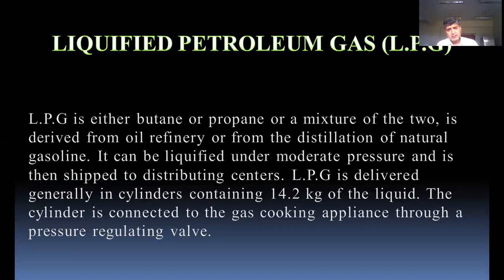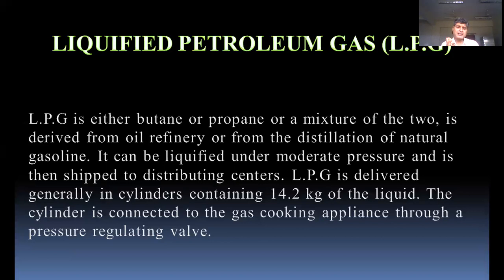Now, regarding more on this topic, LPG is a mixture of two gases as mentioned, propane and butane, and it is always in the ratio of 60 to 40, 60% and 40%, depending on the season.